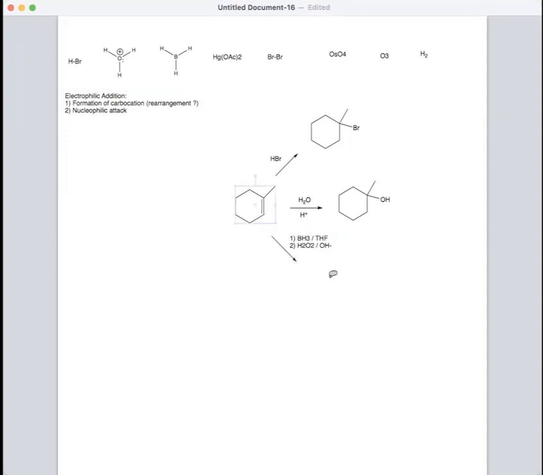And then in step 2, we are oxidizing the trialkylborane to an alcohol. Important thing: boron binds to the lowest substituted carbon always. That means the hydroxyl group of the alcohol is going to end up always on the lowest substituted carbon. Very important to keep that in mind.